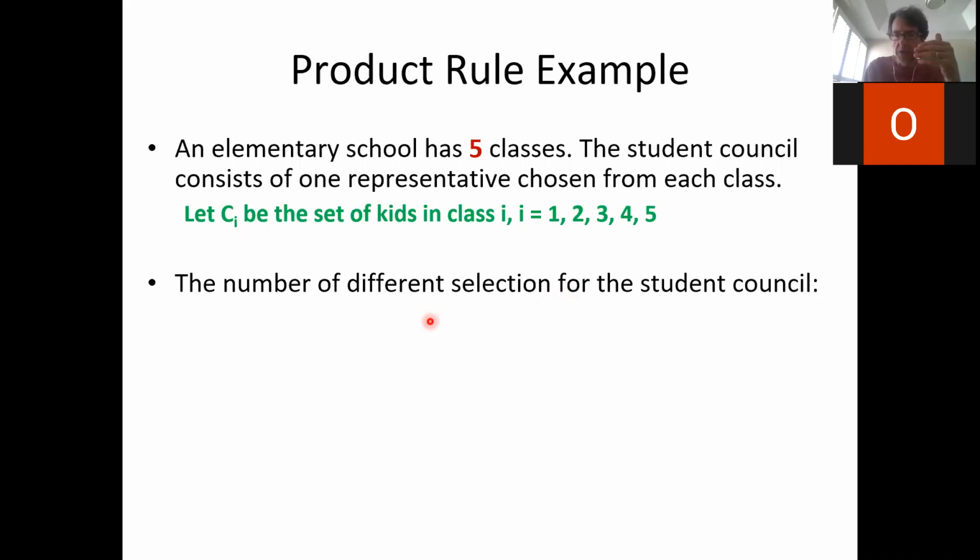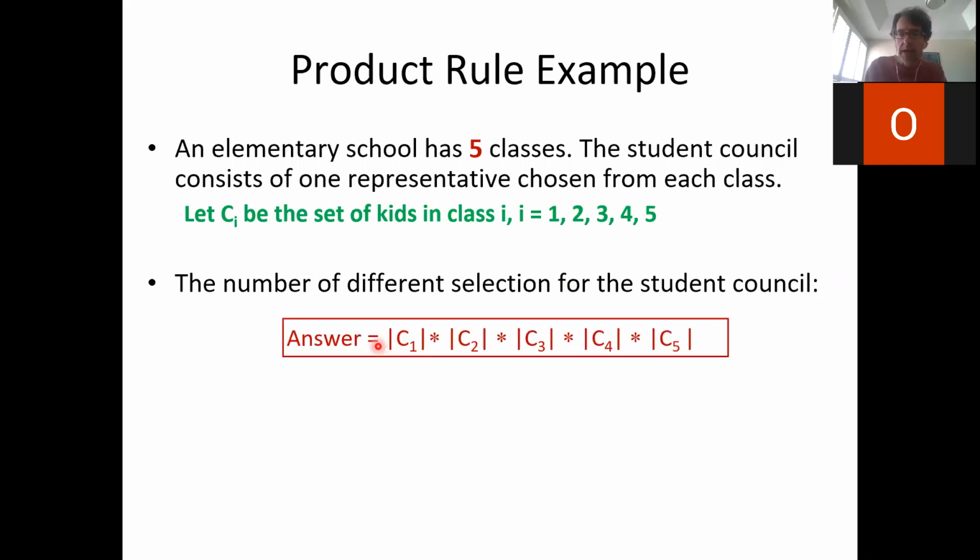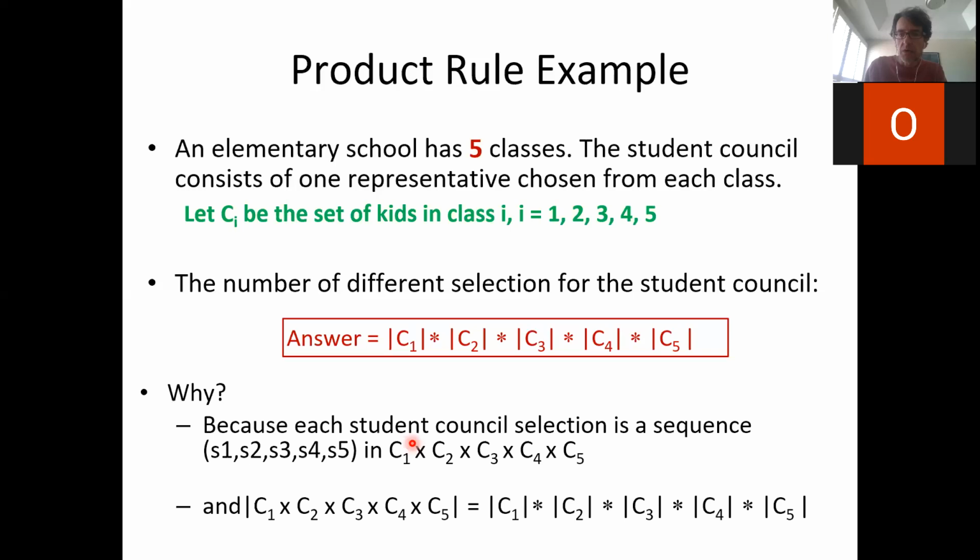And it's the product rule, because a student council is a sequence whose first element is in C1, second in C2, third in C3, etc. And so a student council selection is this type of sequence: student 1 must be in class 1, student 2 in class 2, etc. Right? And so how many such sequences are there?